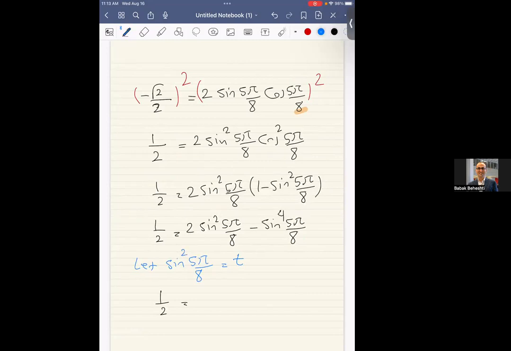Then you have 1/2 is equal to 2 times t minus t square.